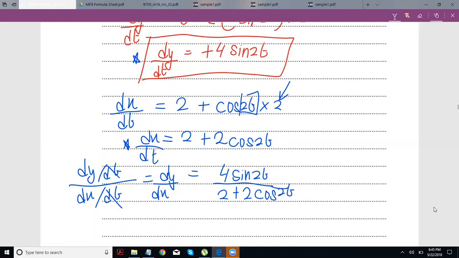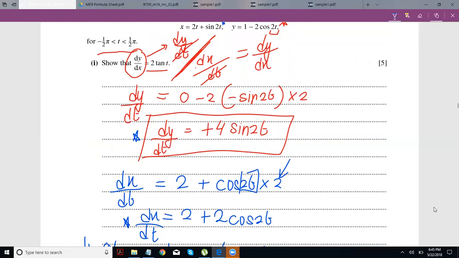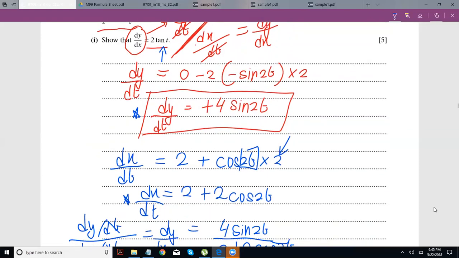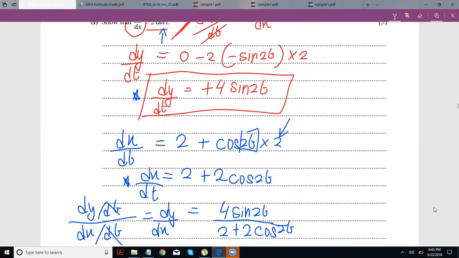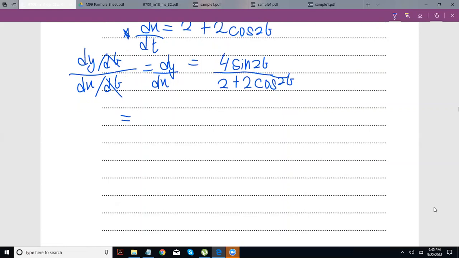However, they want us to show that it's in a particular form, and for that we're going to apply some trigonometric properties. Now, if you see, it's tan t, so they want you to take this in single angle. You can check this from the MF9 table as well, but sine 2t would be 2 sine t cos t.